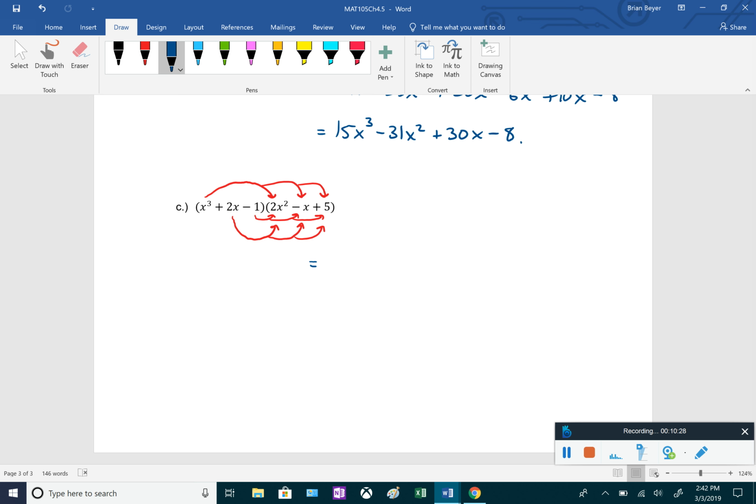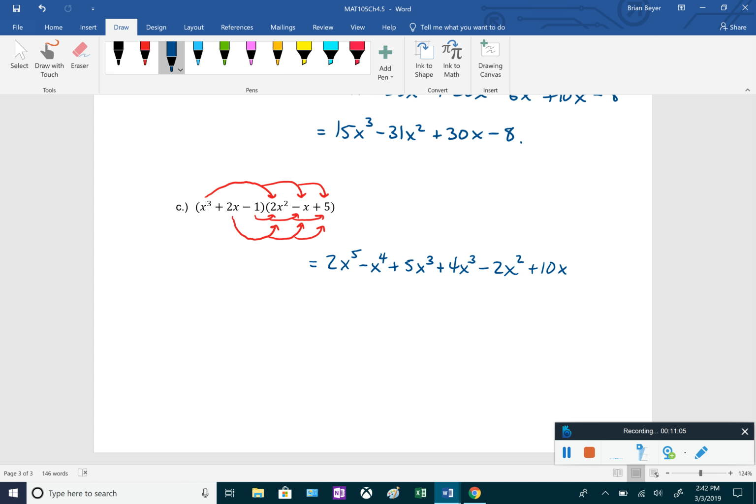So multiplying the x cubed first, we get x cubed times 2x squared, which is 2x to the 5th, minus, so x cubed times -x, so minus x to the 4th, x cubed times 5 plus 5x cubed. Next, multiplying the 2x. 2x times 2x squared is plus 4x cubed. 2x times -x is minus 2x squared. 2x times 5 is plus 10x.